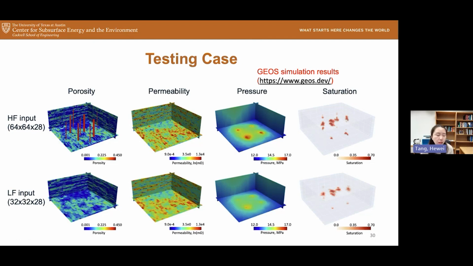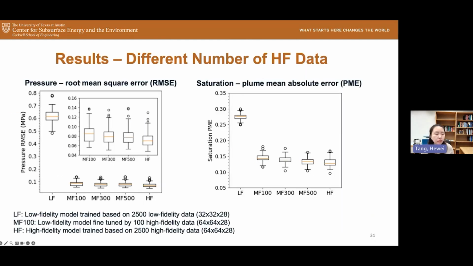So that means if we directly train a model using this low fidelity input output, and then directly predict on high fidelity input, we can get some pressure and saturation output, but this is not accurate, or it has a lot of errors.